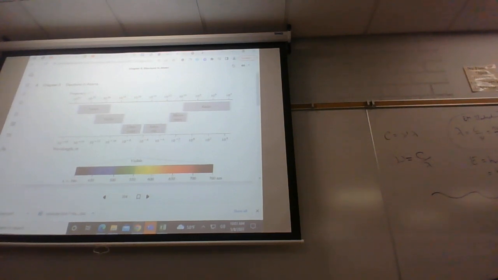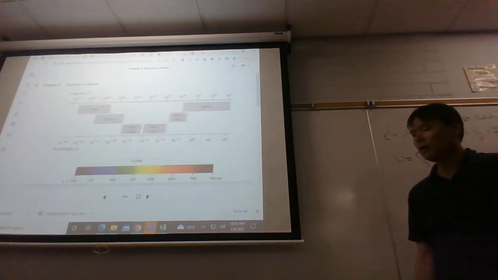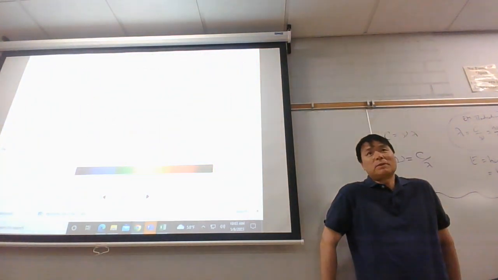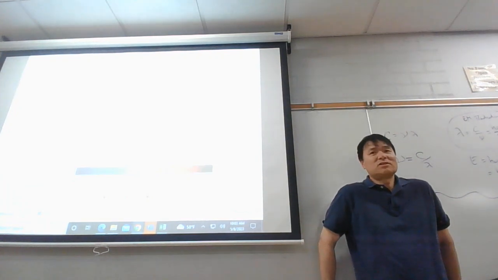So matter waves are a bit different there. When we look at matter, the wavelength is so small it's negligible, so it doesn't really play a factor. This is why people didn't notice. Quantum mechanics is the physics for everything, whether it's big or small. It's just that these quantum effects are negligible for large bodies.